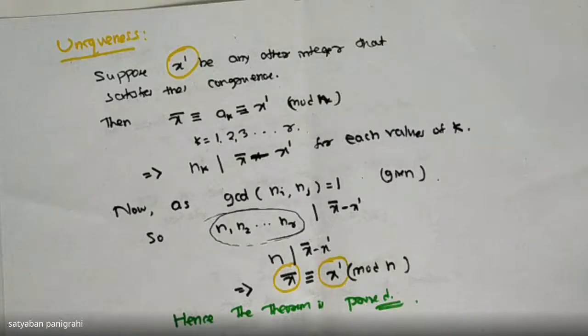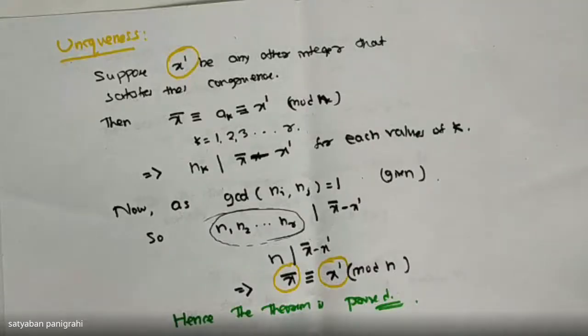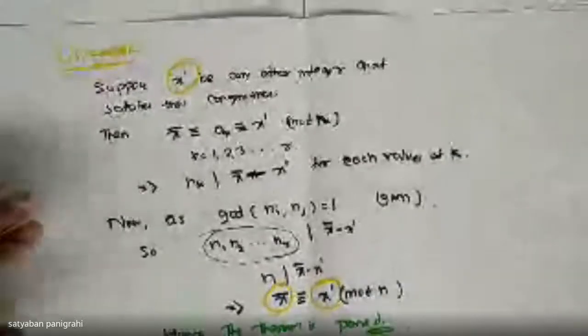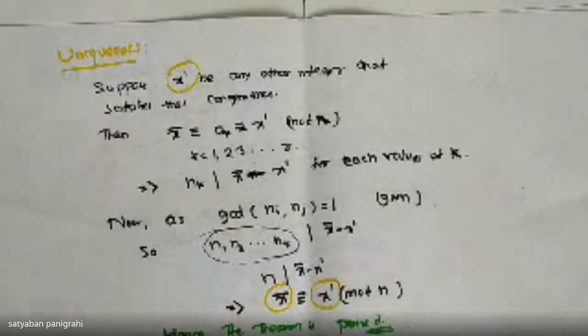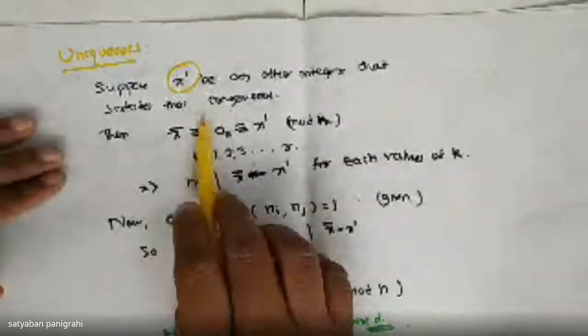Now, based on this theorem, suppose x′ be any other integer that satisfies the congruence.